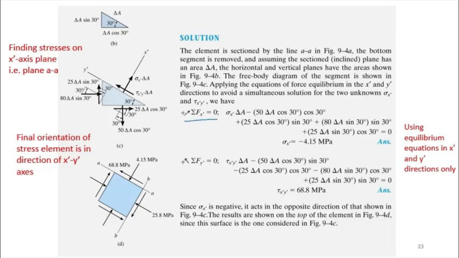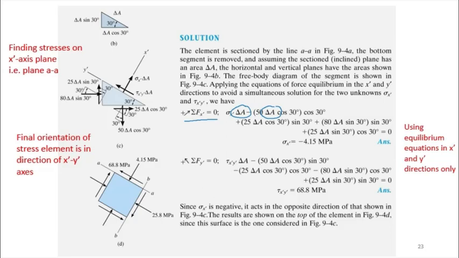Now if you look carefully in this equation, they all have delta A. That's the area, right? Delta A cos 30, delta A for the inclined plane, delta A cos 30 degrees, and so on, because the angle is 30 degrees here.